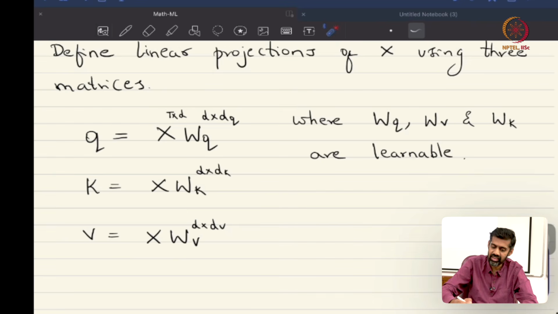So, from that angle you take the data points and project onto the space spanned by the columns of W_Q, and the same thing happens for all three, correct. So, Q, K and V are now three projections of data, given by projection onto the space spanned by the columns of these three matrices. Okay.